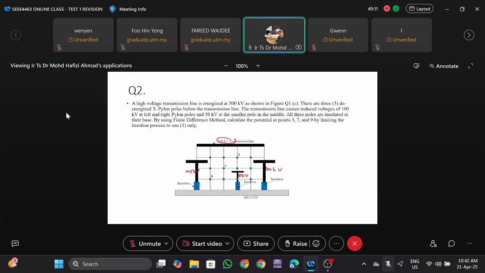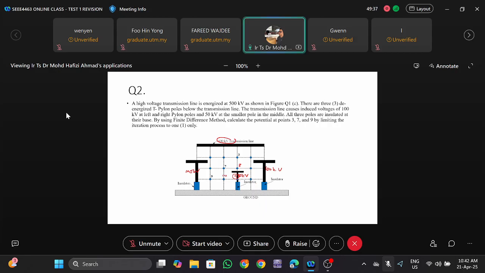So be careful, especially when you want to find this, number 8. Sometimes you need to find maybe number 10 or this one, number 11. If you want to find number 11, you don't need to calculate again, because this is already energized at 50 kV. So be careful.